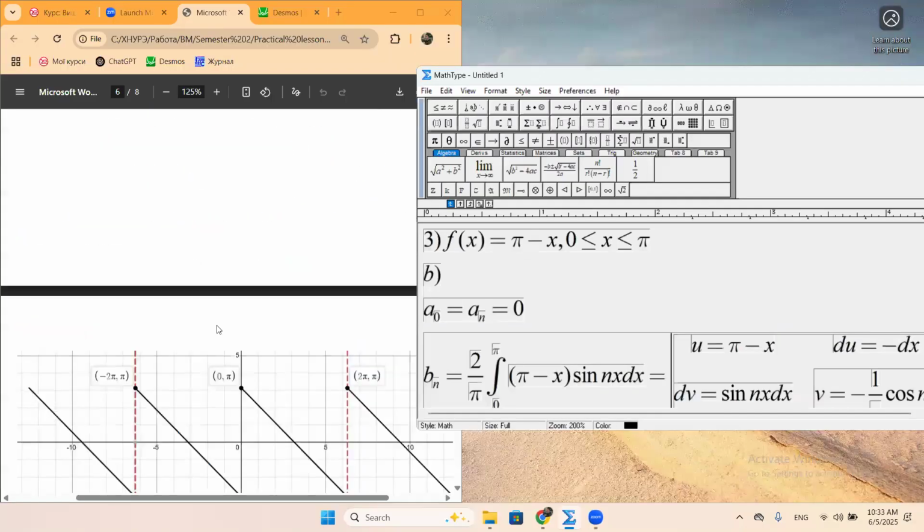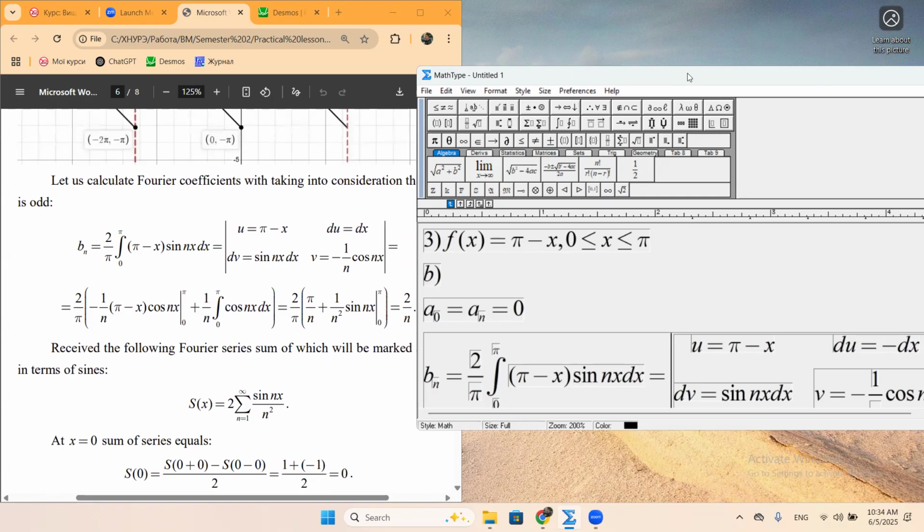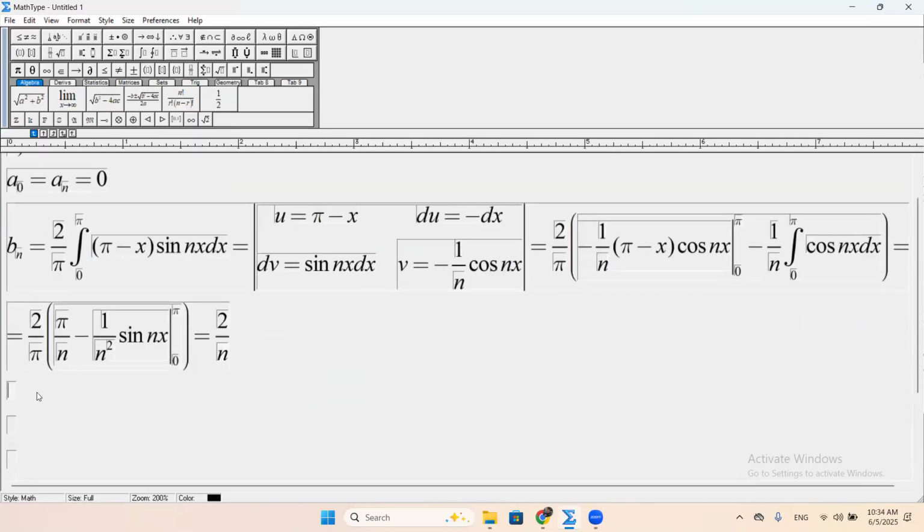Let me check my notes. Yeah, 2 over n, so it's okay. And we received the sum: f of x will be equal to the following. Sum from n from 1 to infinity of 2 over n multiplied by sine of nx.